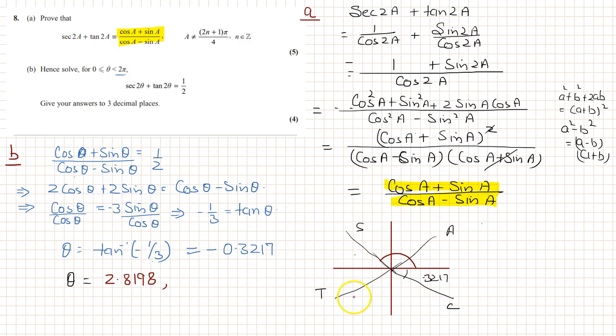And second answer is 2 pi minus 0.3217, so that will be 5.961.